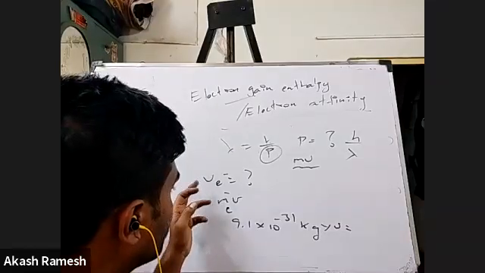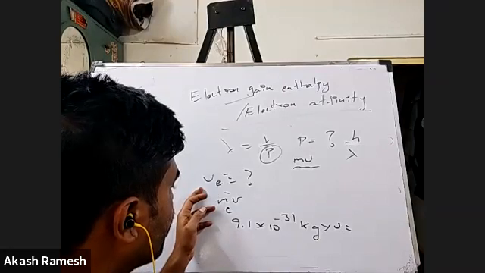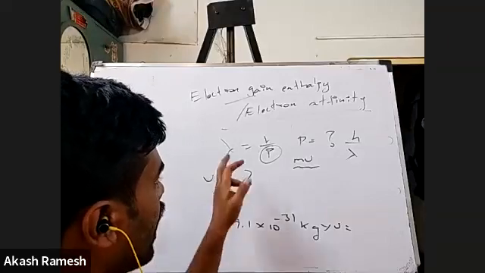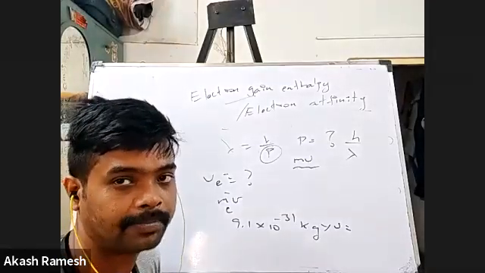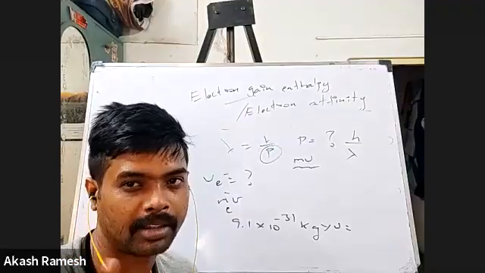What is the velocity of an electron which has a momentum equal to a photon having this much? Should we substitute the mass of a photon, sir? No. Mass of photon is basically mass of electron. It's same only. Can you please repeat the question once more?